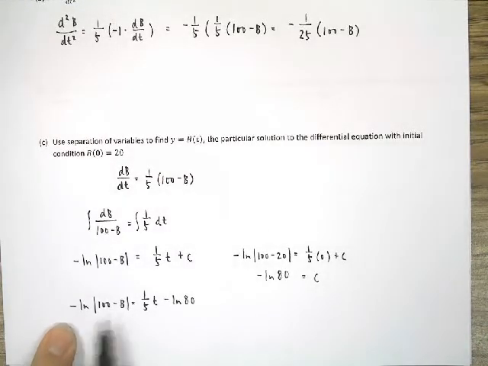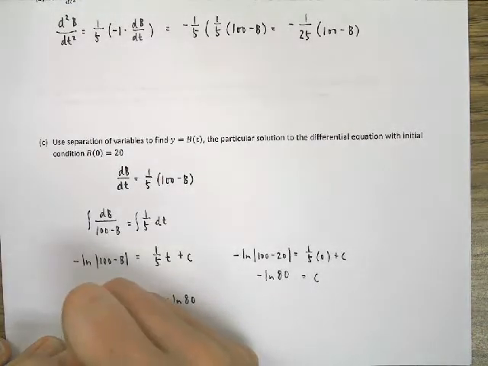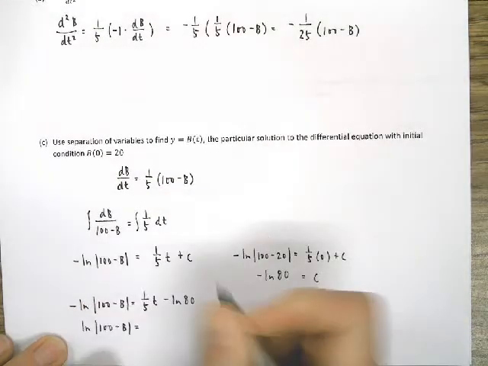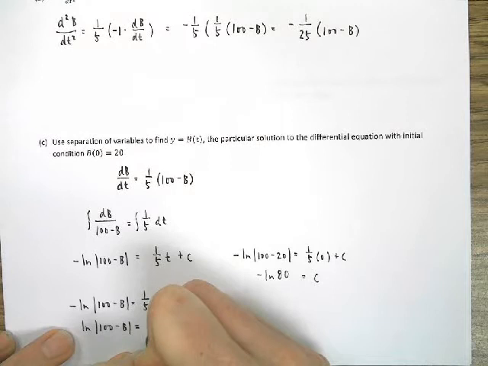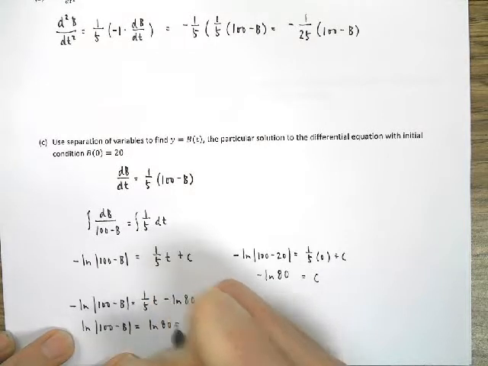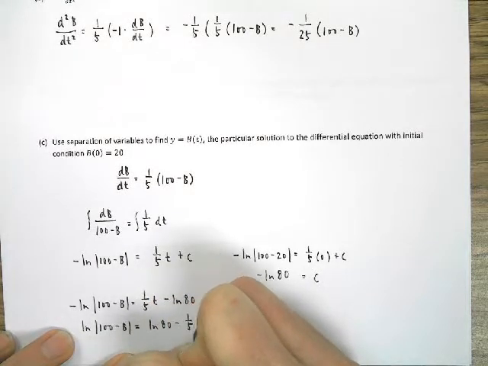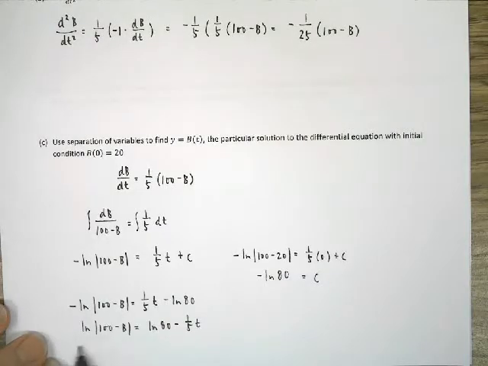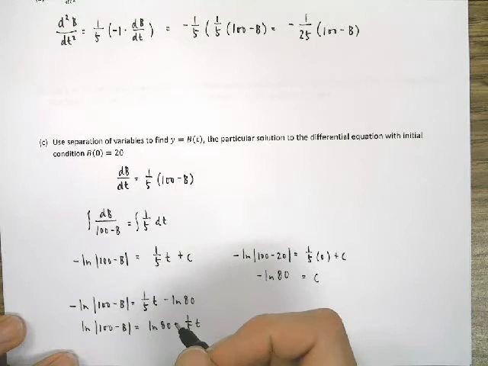First thing I'm going to do is divide by a -1. So I have the natural log of the absolute value of (100 minus b) equals, now I'm going to have the natural log of 80 minus 1/5 t. I know to isolate my variable, I have to exponentiate both sides.